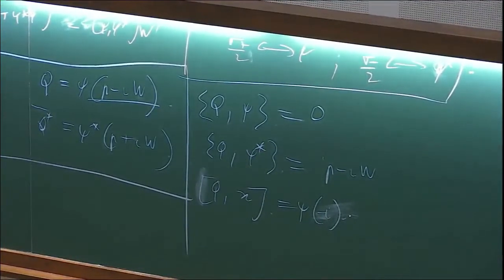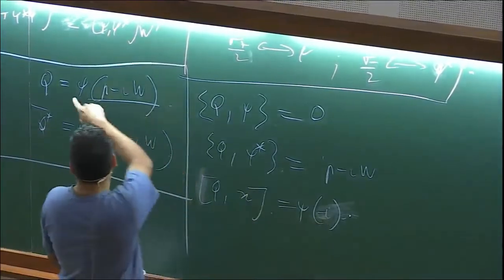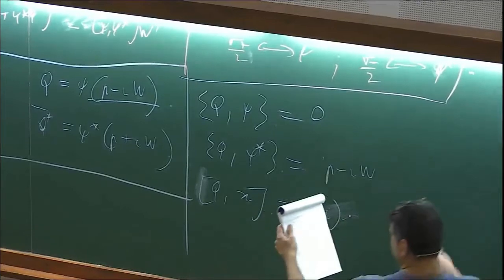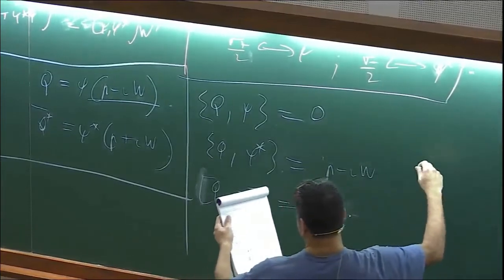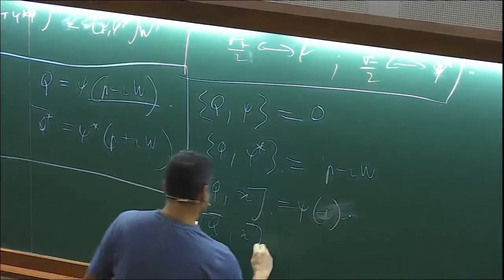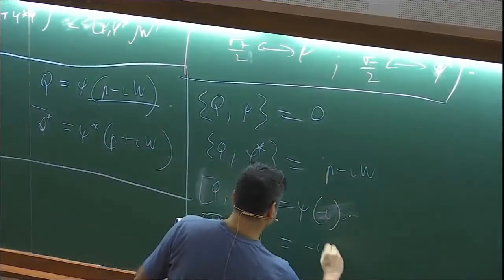Is this clear? Because the p with the x gives us a minus i, and psi goes along for the ride. Okay? See, it's a very simple game. Following this game, I'm going to write down all the non-trivial commutation relations for you. So we'll generalize: Q bar with x is equal to minus i psi bar.